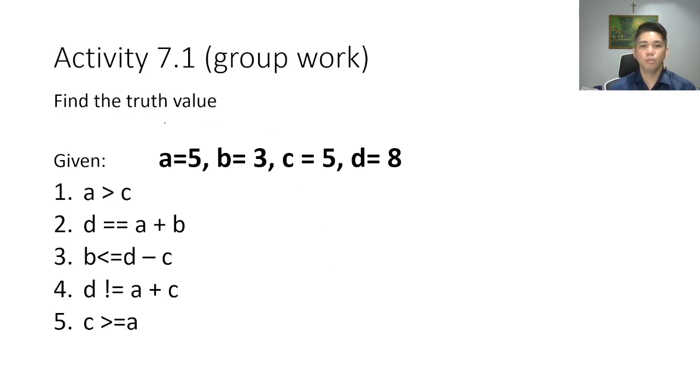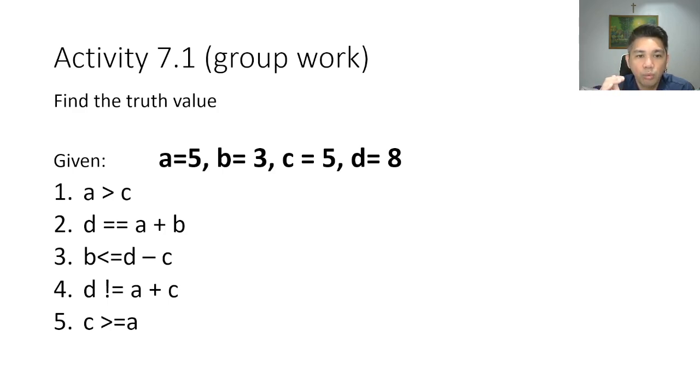Now let's do your activity. This will be a group work, maybe up to 3 persons. Or if you are an ODL student, you just do it on your own. You find the truth value of these 5 statements. There is a given. A is 5, B is 3, C is 5, D is 8.